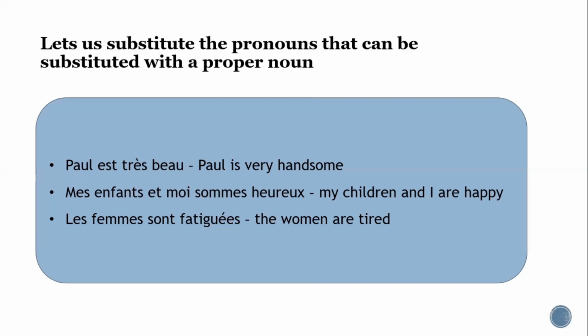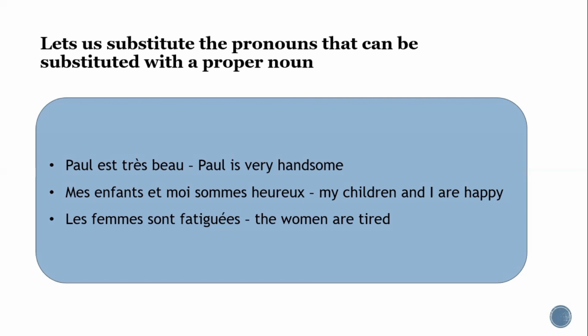The women are feminine. And because of that, our adjective has to agree with our pronoun and our noun and everything. So that means French is very sensitive to number and gender. That is why we have everything in plural form and also in feminine form.